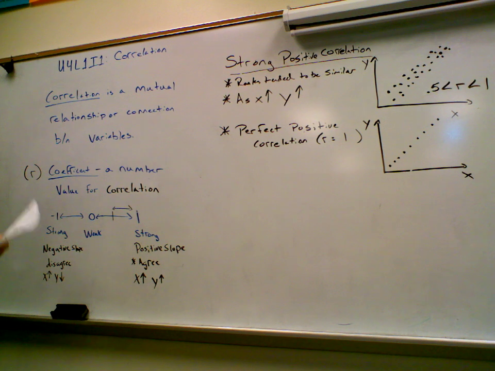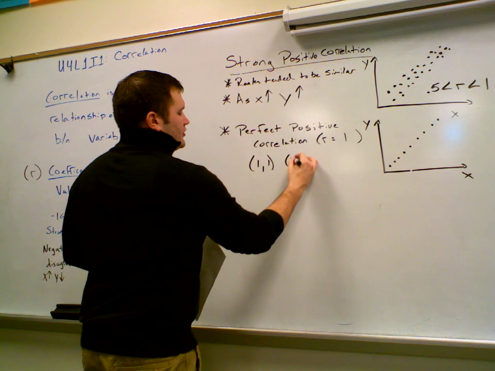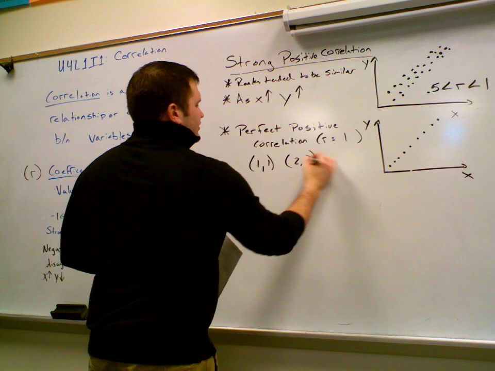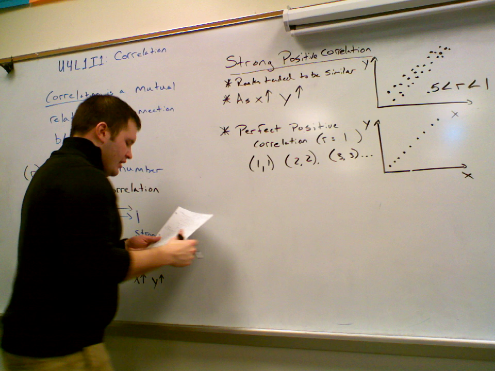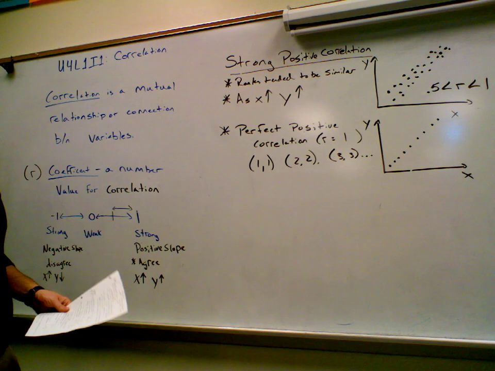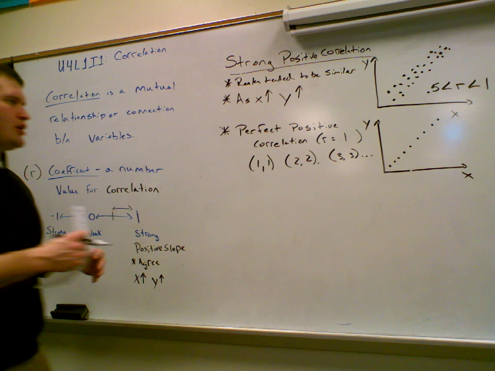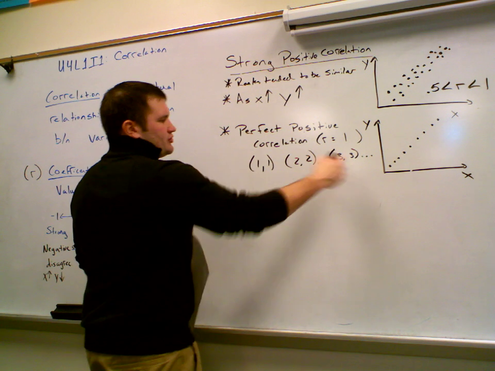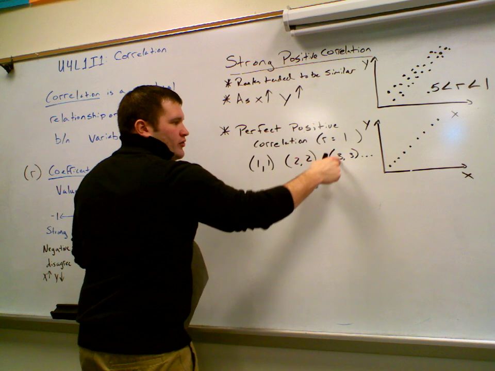Now, when we're talking about positive correlation, this only occurs when the X and the Y values are exactly the same. That's only occurs then. And I guess I shouldn't say exactly the same. There could also be like a constant ratio. So like instead of like being 1, 1, 2, 2, 3, 3, it could be like 1, 3, 2, 4, 3, 5.